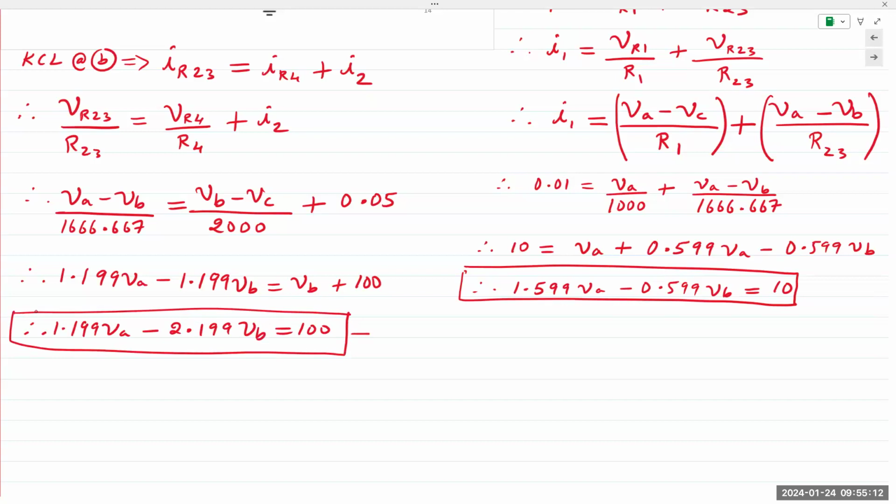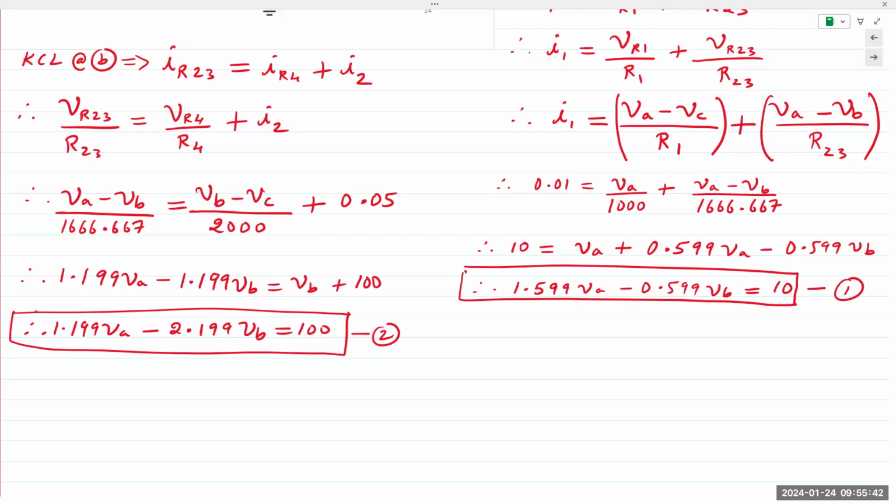Someone solve these two equations for me, please. Once you have these two equations, you can solve them with any technique you want. My calculator is from the 90s, still works. It is not programmable, so I solve them manually. But from this point, it's simple, middle school math, I want to say. Does that make sense to everyone?